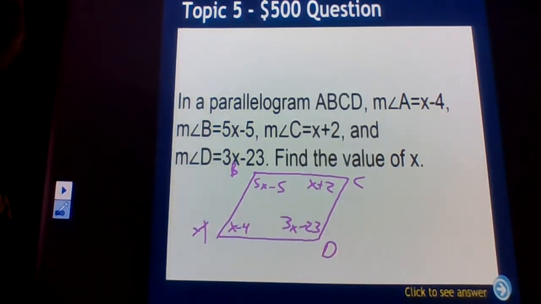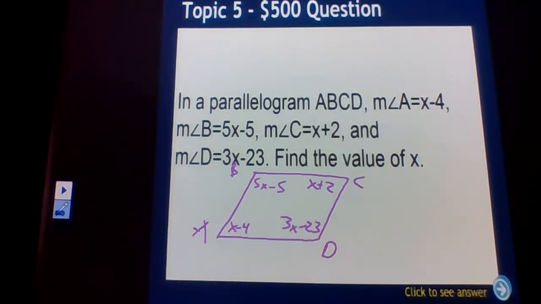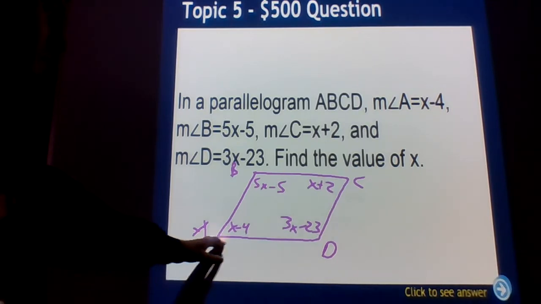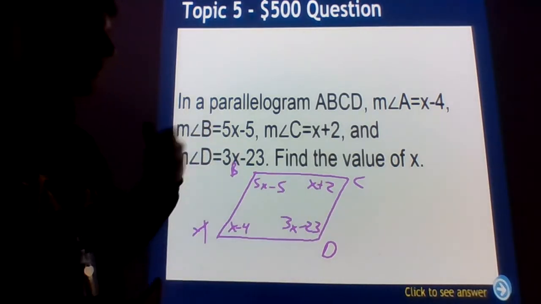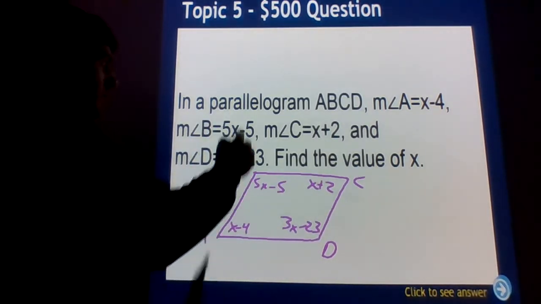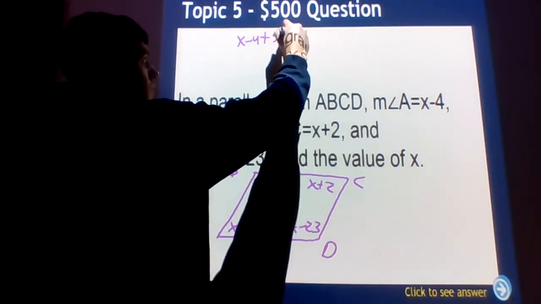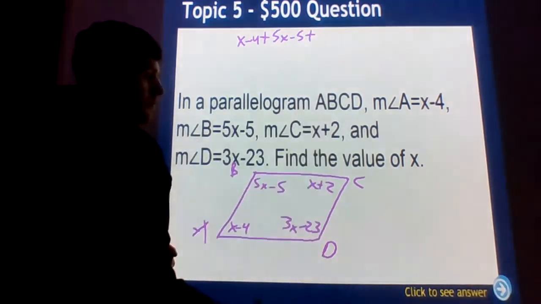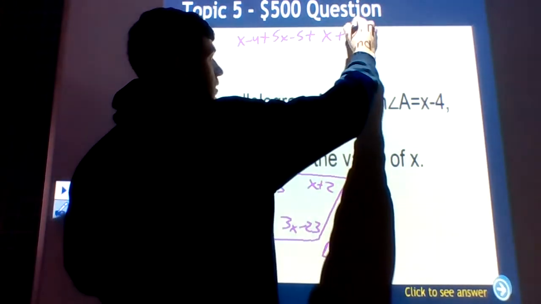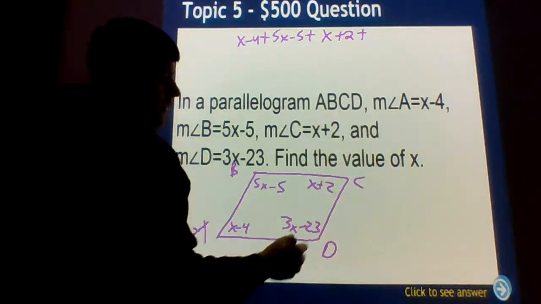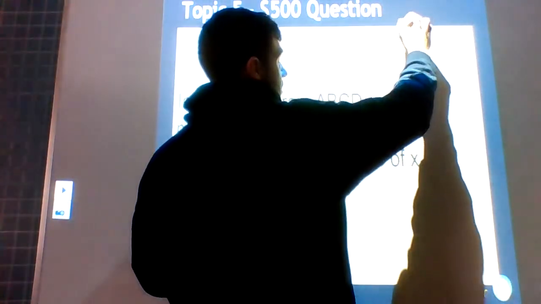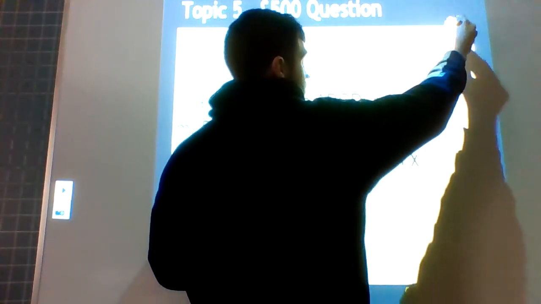So the four angles here are going to add up to 360. It's a quadrilateral, so the four angles of any quadrilateral, whether it's a parallelogram or not, are going to add up to 360. So x minus 4 plus 5x minus 5 plus x plus 2 plus 3x minus 23 is going to equal 360.